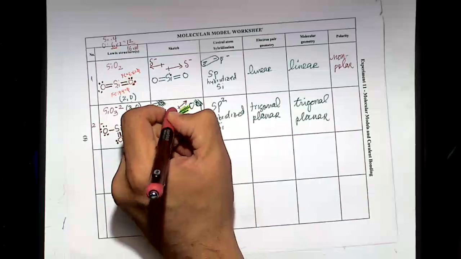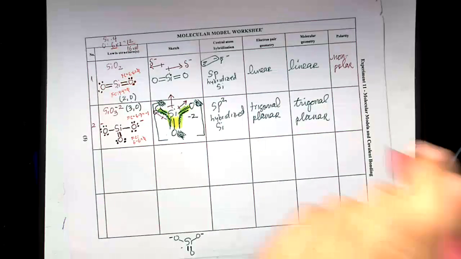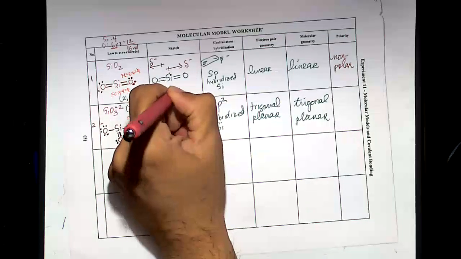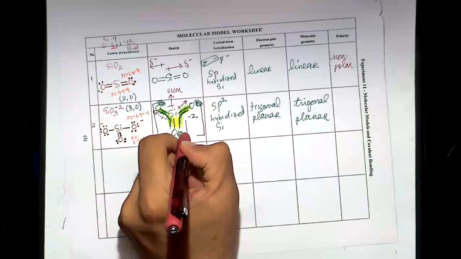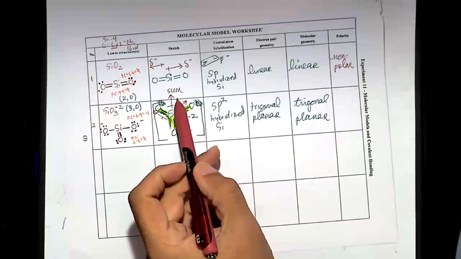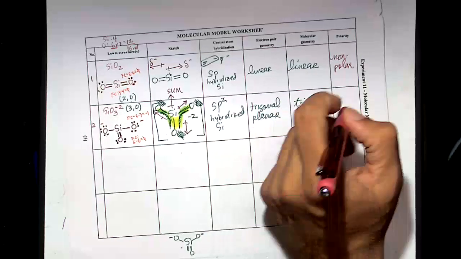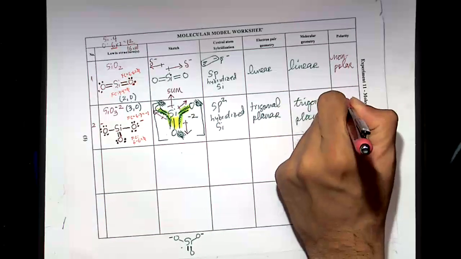If we sum up these arrows, they're going to pull up. And then this oxygen is pulling down, which will cancel out the sum of those pulling up. So I'm going to go with non-polar on this one.